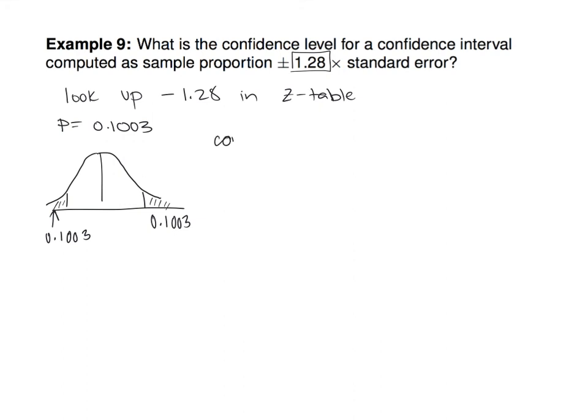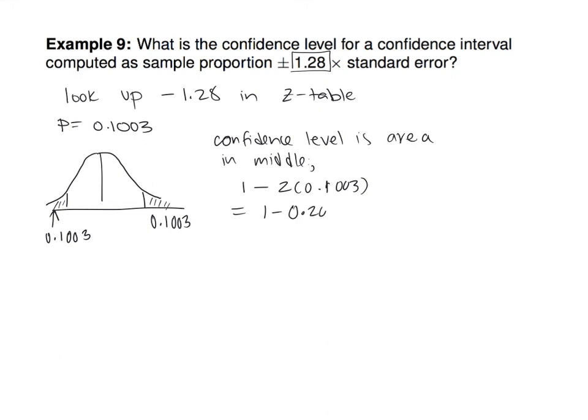Your confidence level is the area in the middle, which is given by 1 minus 2 times 0.1003, or 1 minus 0.2006, or 0.7994, which is about an 80% confidence level.